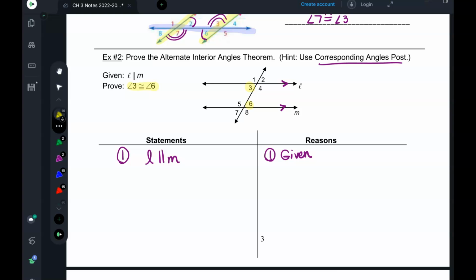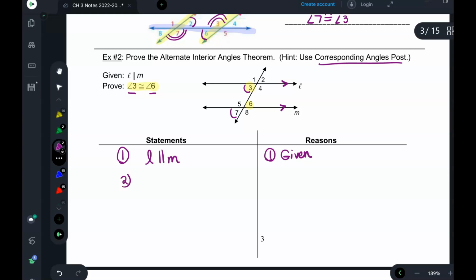Now, we want to look at a pair of corresponding angles that involve either angle 3 or angle 6. I'm going to use angle 3. So what corresponds to angle 3? Angle 7. So I'm going to say angle 3 is congruent to angle 7, and that is corresponding angles postulate.